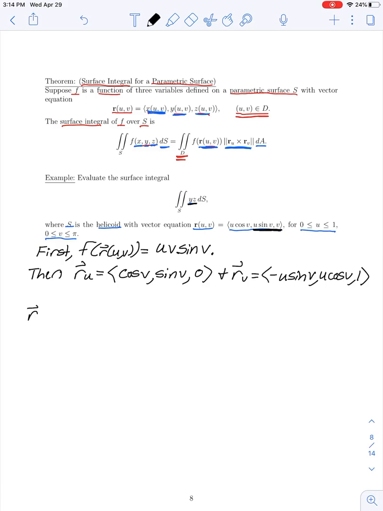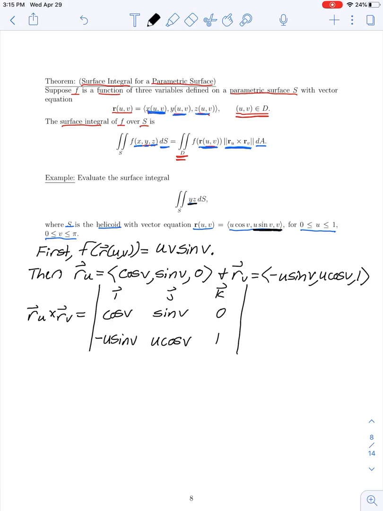So our cross product of these partial derivative vectors, r sub u and r sub v, would be the determinant of a 3x3 matrix, where our first row consists of the standard basis vectors i, j, k. Our second row consists of the partial derivative of r with respect to u, so that was cosine v, sine v, 0, and the third row is negative u sine v, u cosine v, and 1.